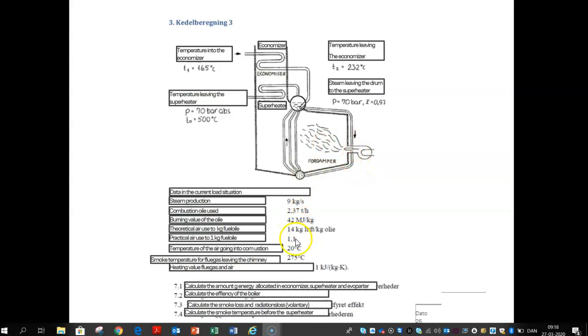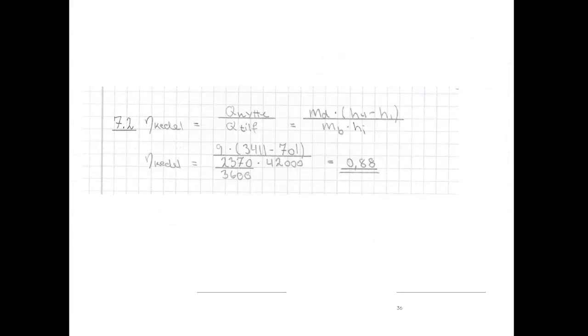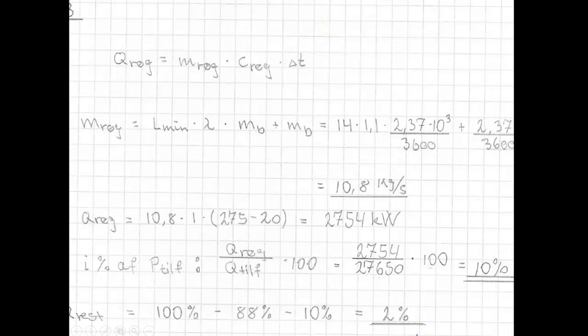That mass balance will tell us how much our flue gas weighs. So let's do that right here. The energy in the smoke is mass smoke times specific heat capacity of smoke times the delta T.